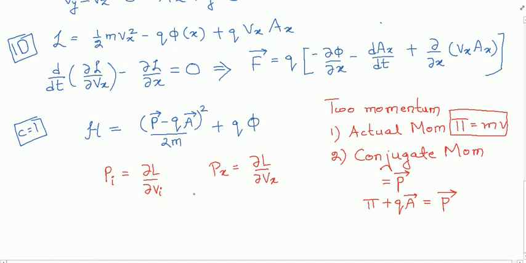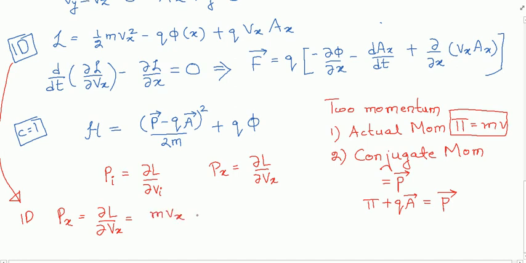Okay, let's take the 1D Lagrangian. Where is our 1D Lagrangian? Here. And let's calculate px. Just for computation, I'm going to do just one calculation. If you do del L by del vx, what do you get? You'll get mvx.